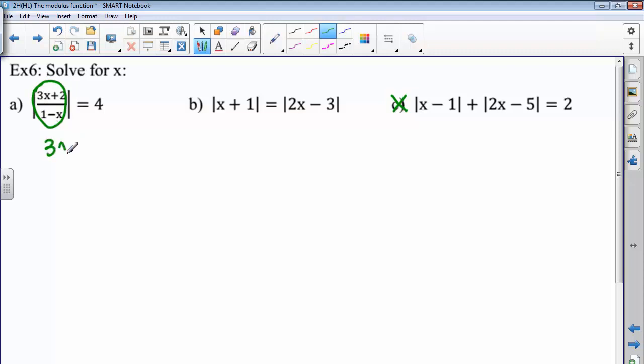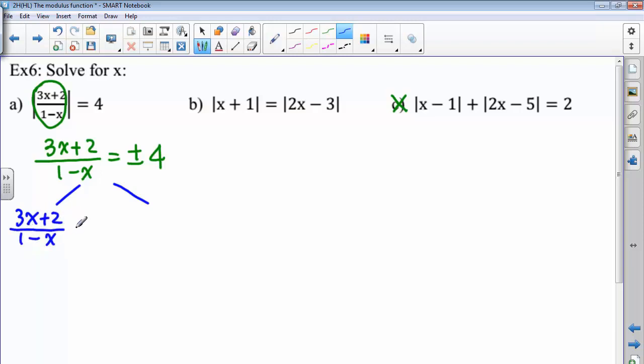So 3x plus 2 over 1 minus x equals positive or negative 4. So I will get two rational equations. One is 3x plus 2 over 1 minus x equals positive 4, or the other one is 3x plus 2 over 1 minus x equals negative 4.